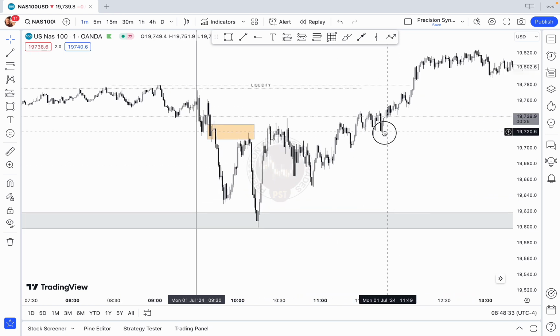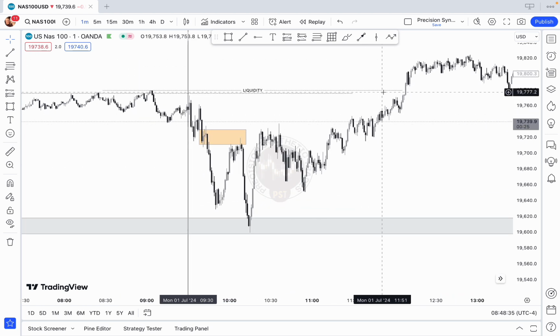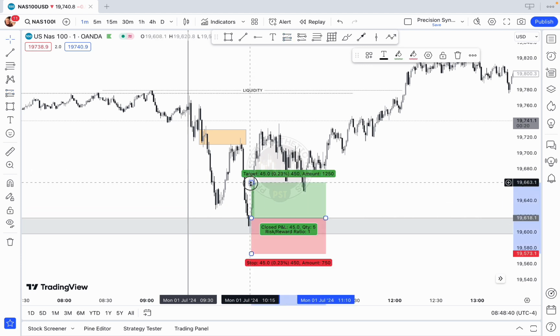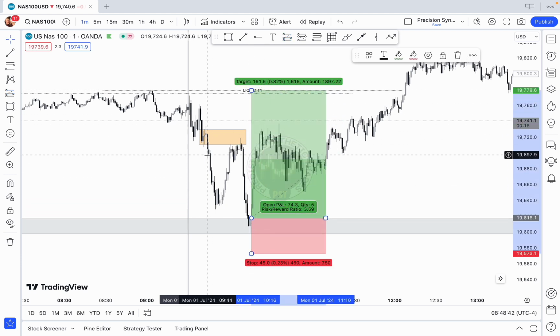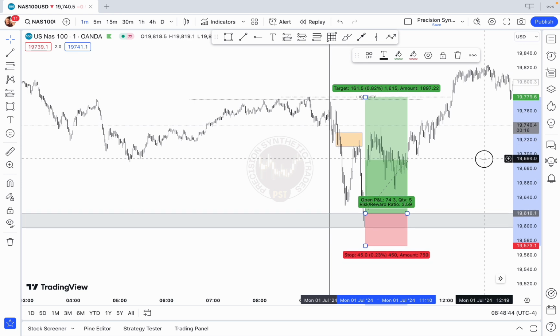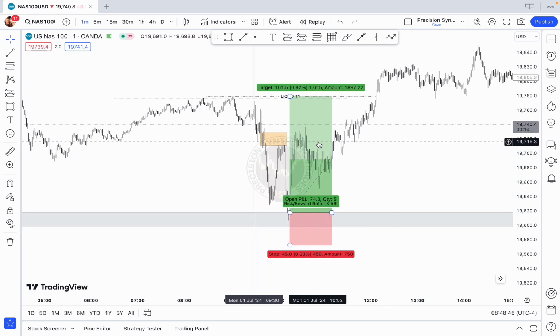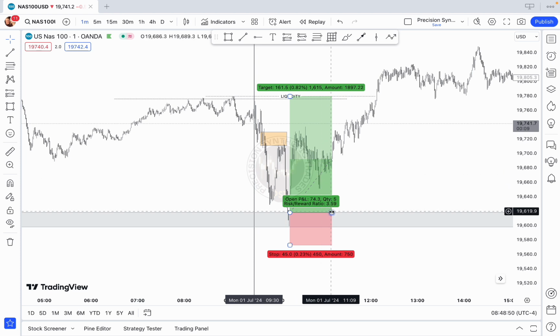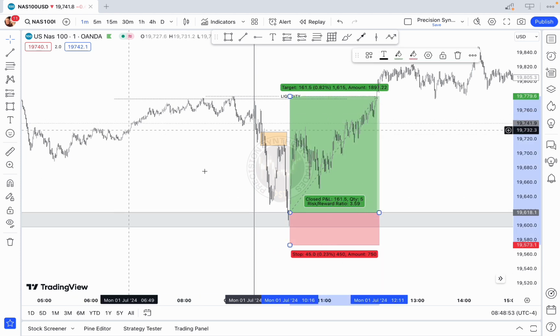So that's why I closed my trade just there. So from here till here, it was 1,600, 1,800 pips, and that's where I exited my trade. As you can see, there's my first entries on this 1 hour order block.